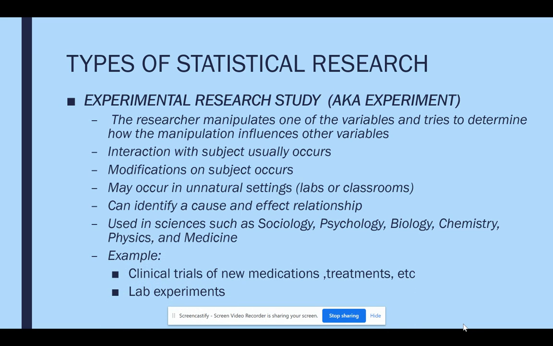Some examples, and I've kind of already alluded to those, are obviously clinical trials of new medications, clinical trials of treatments, even trying different methods of teaching a topic within the classroom for the field of education, or trying different treatments if you're working with a psychologist or a psychiatrist to see how different treatments affect the patients. And then obviously lab experiments.